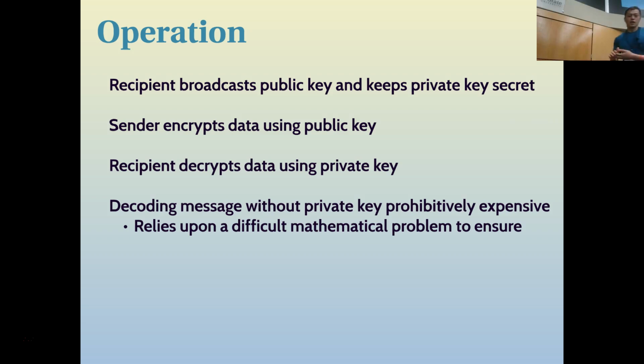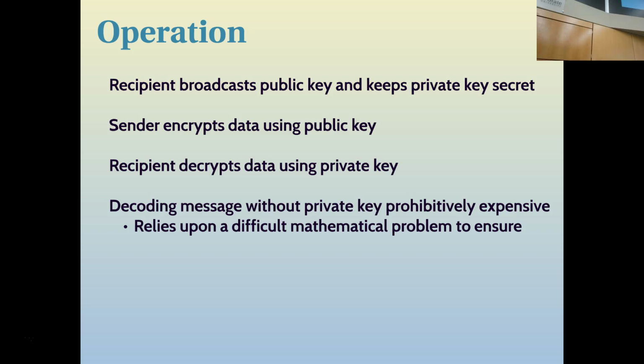Okay. So the decoding of a message without a private key is assumed to be prohibitively expensive. And the way we make sure of that is that we rely upon a known difficult mathematical problem that is hard to perform.